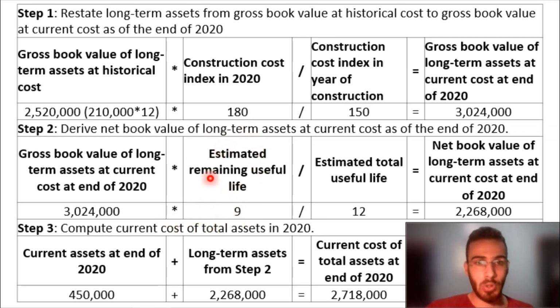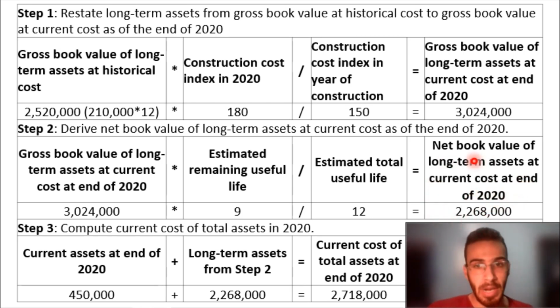To do so, we will divide the estimated remaining useful life by the estimated total useful life and multiply the result by the gross book value of the long-term asset at the current cost as of 2020, and the resulting number is the net book value of long-term assets at the current cost as of 2020.